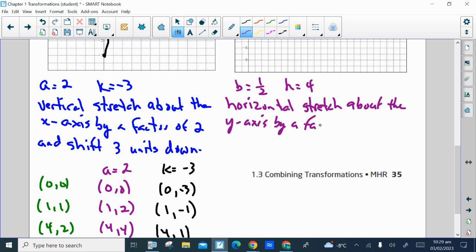And that would be by a factor of 2. The reciprocal of b gives you the horizontal stretch factor. And h is positive 4, which means it's going to shift 4 units to the right. The value of h is always the opposite of what it appears to be because the general equation is already in the format x minus h.